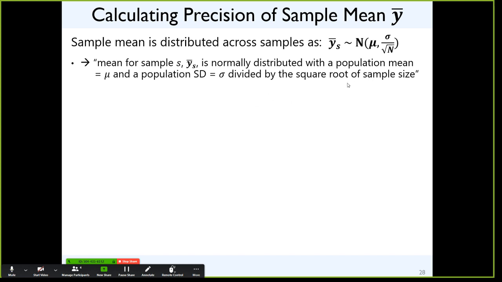Okay. So that's building up to a concept that is somewhat tricky to understand at first, even for me. The idea that the mean has a variance. Not the mean and the variance. The mean itself has a variance.